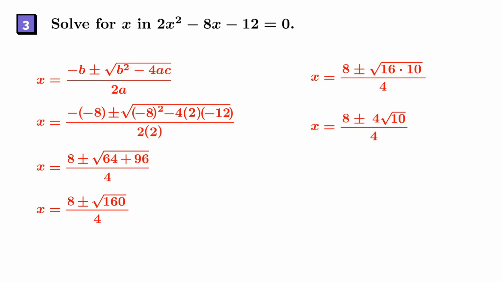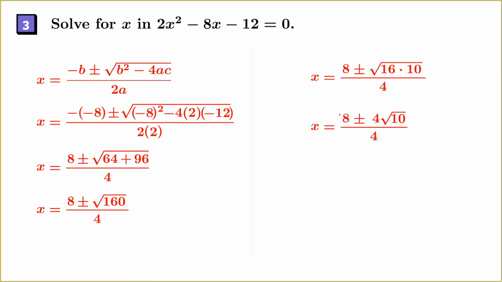Okay? Next step, i-check natin yung mga terms. So, yung 8 ay divisible by 4. Yung 4 square root of 10 ay divisible by 4. At yung denominator ay divisible din syempre by 4. So, i-divide natin lahat ng terms by 4.